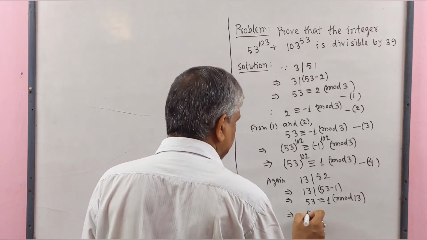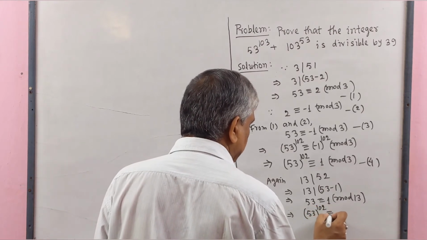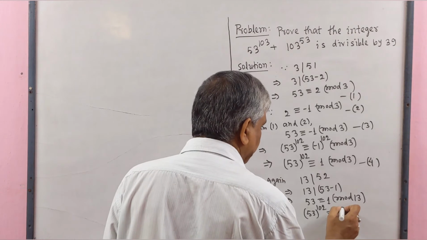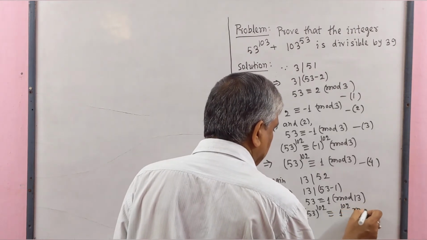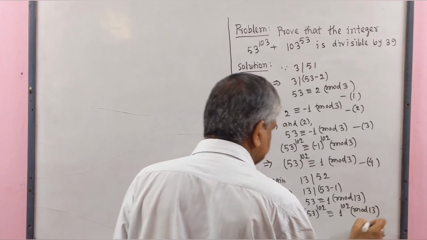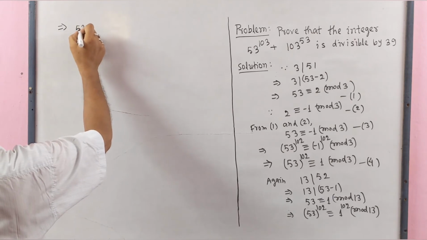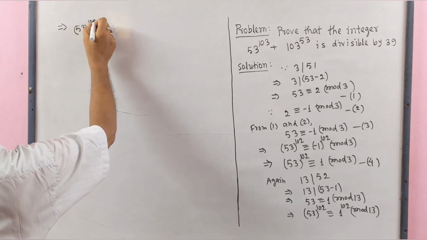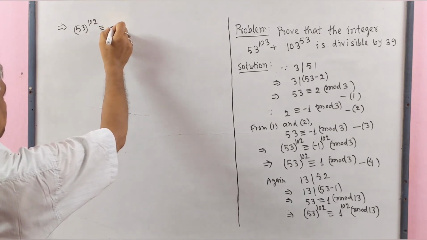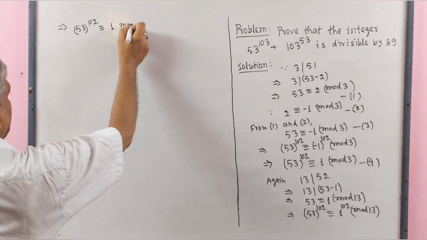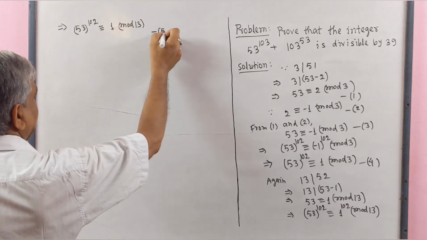Implies that 53 to the power 102 is congruent to 1 to the power 102 modulo 13. Implies that 53 to the power 102 is congruent to 1 modulo 13. This is number 5.